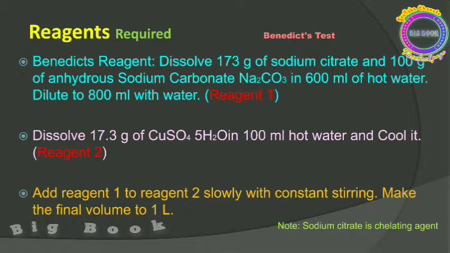That is, we have to add 100 ml of distilled water to make it 1 liter. A note here is that sodium citrate is the chelating agent, which will help in the reaction of the reagent with the solution.